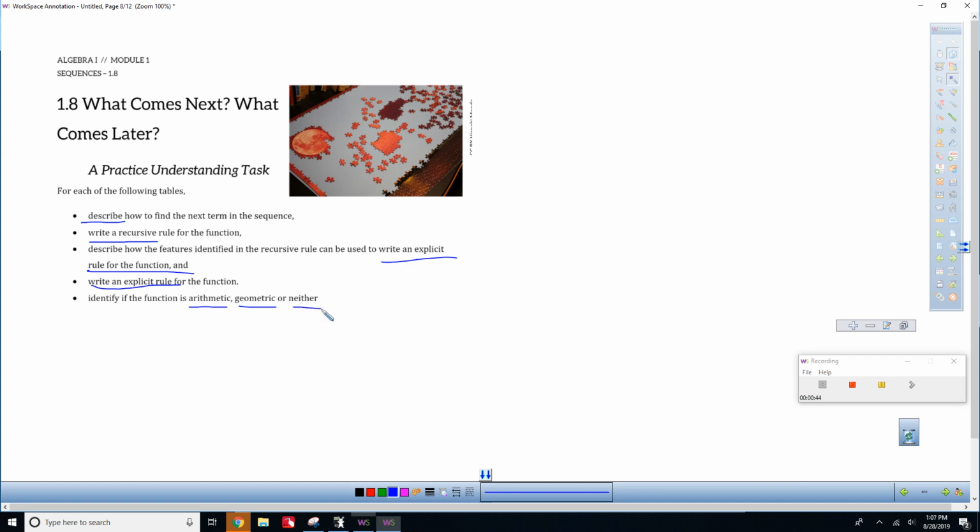Before we get started, let's talk explicit formula. If it's arithmetic, the formula is going to be y equals mx plus b. Okay?